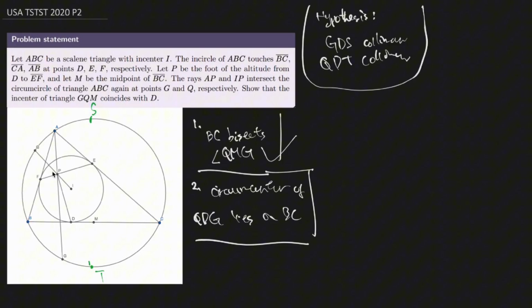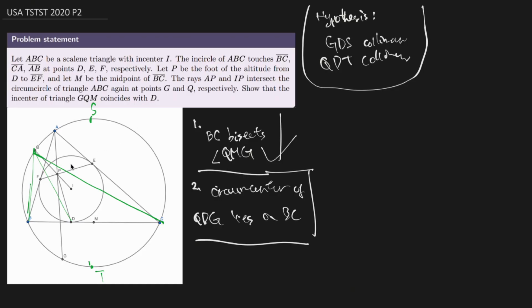Well, here, let's just take a look at QDT first. So if QDT is collinear, then we have that line DQ actually bisects the angle BQC, and the reason being QT bisects this angle because T is the midpoint of the arc, and so since they're collinear, this thing bisects the angle.